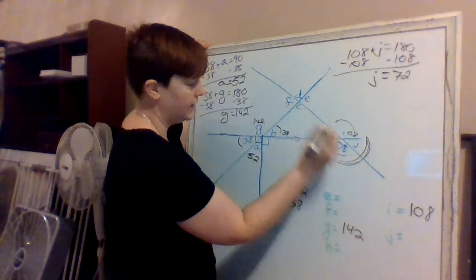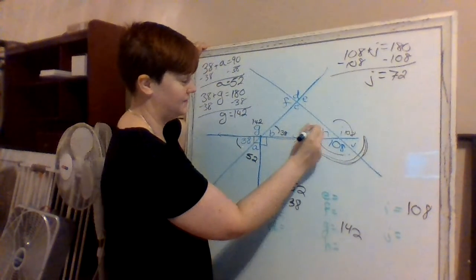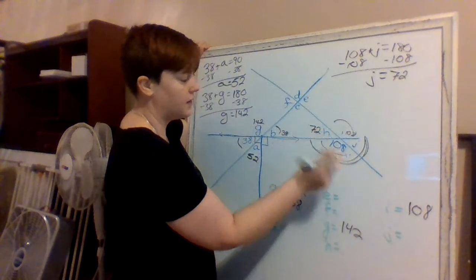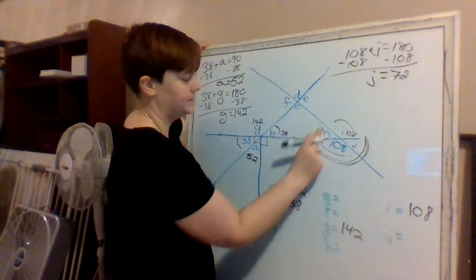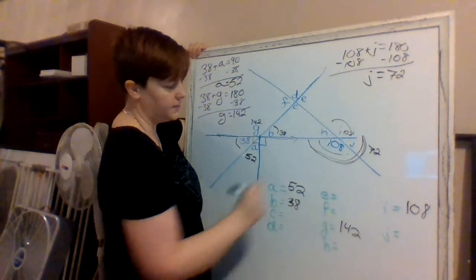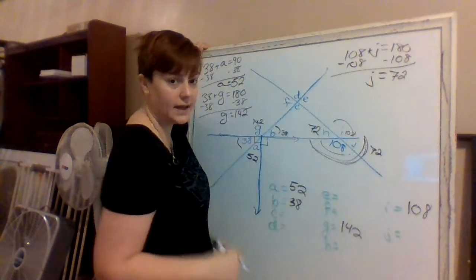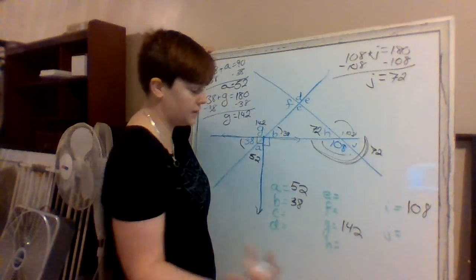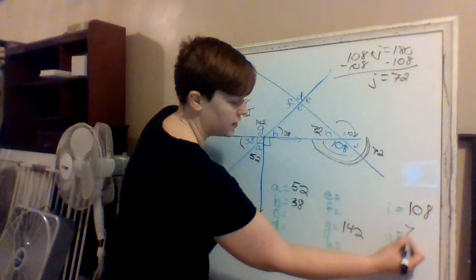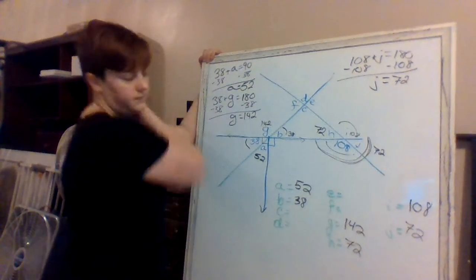Sorry, it's first thing in the morning for me too, so I'm operating on some sleep, I guess. So 72 is J, but also 72 is going to be H because they are vertical angles, and vertical angles are congruent. They have the same measure. So J and H are both going to be 72 degrees.